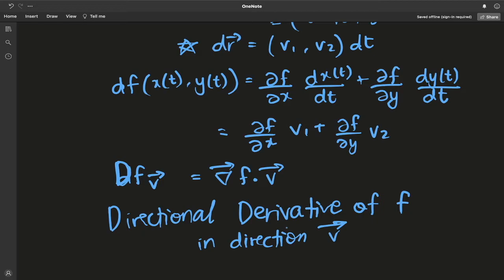Okay, so in single variable calculus we had one direction. In multivariable we can have many directions. So it kind of makes sense to define in what direction we're taking a derivative.